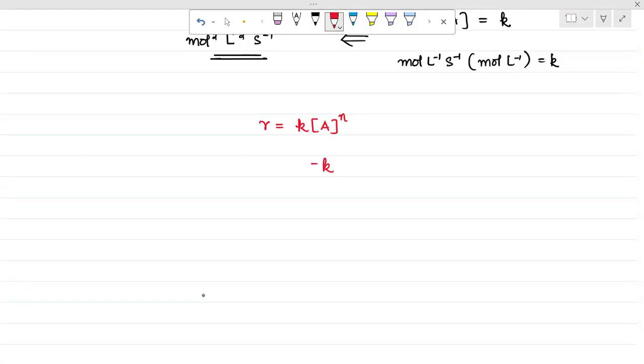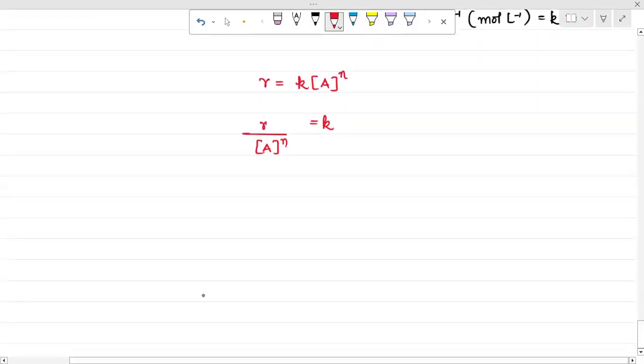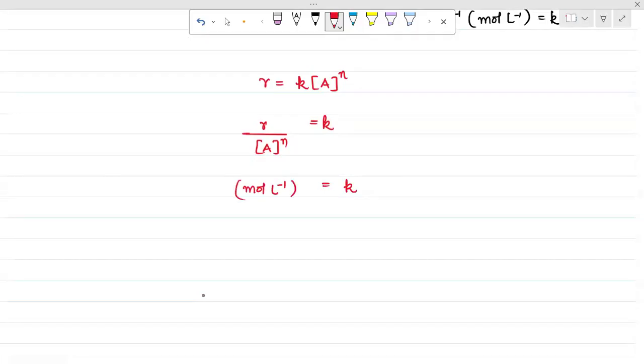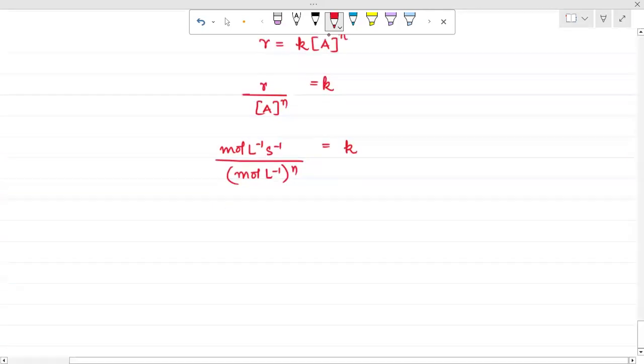K is equal to rate by concentration of the reactant raised to n. What are the units? Rate is in moles per liter per second, and concentration is in moles per liter, but it is raised to n times.